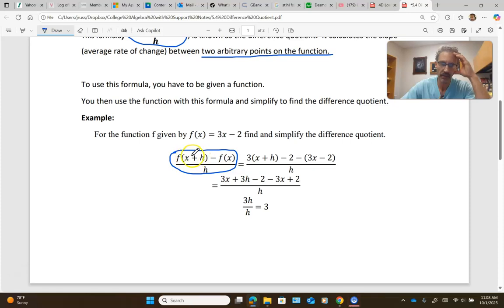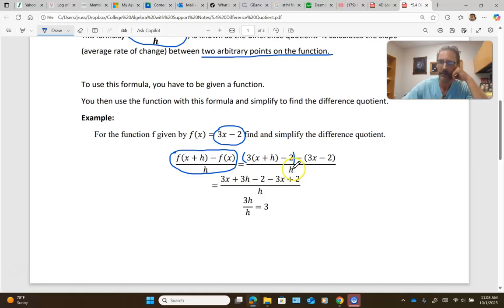To find f of x plus h, you plug x plus h into your function, and that's what they've done right here in this first part. That's f of x plus h minus f of x. Well, f of x is just this guy right here, 3x minus 2, so it's right here, minus f of x, and then this is all over h.